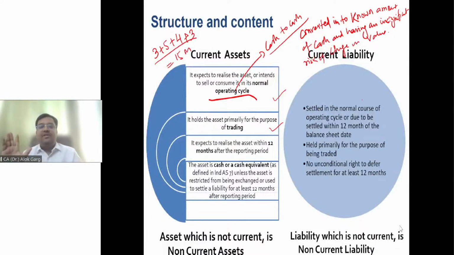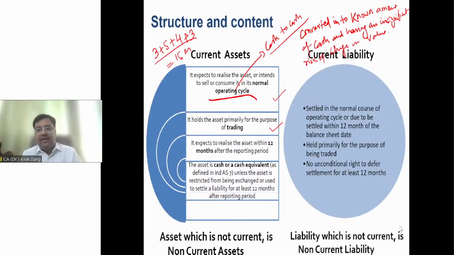Because the intention of PPE is not to sell. The intention of PPE is to use in the business, right? That is why PPE is non-current. But if a company is preparing accounts on a liquidity basis, liquidity means the highly liquid item will come first. So in this case, you tell me, in a company balance sheet, what is the highly liquid item? Cash on hand. Cash on hand is the most liquid item.